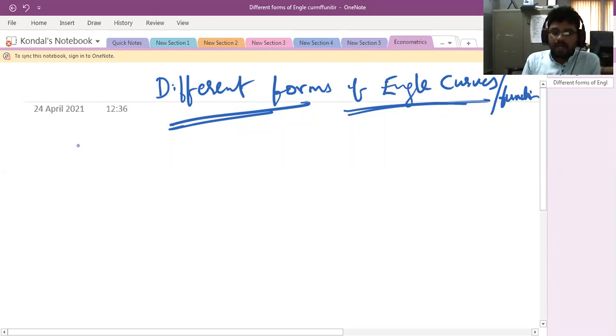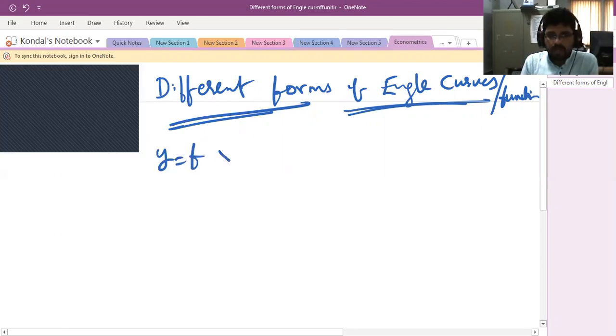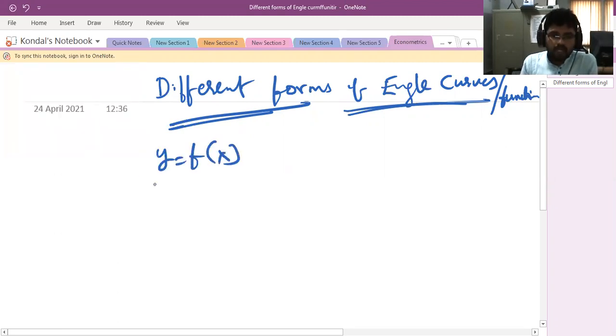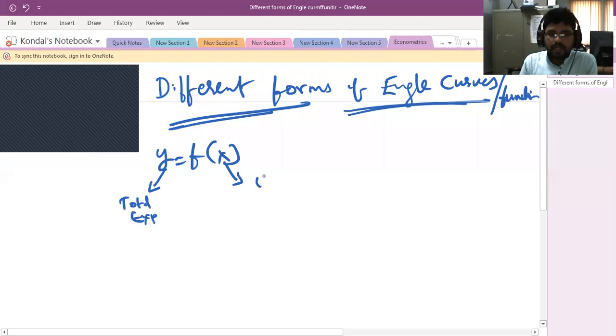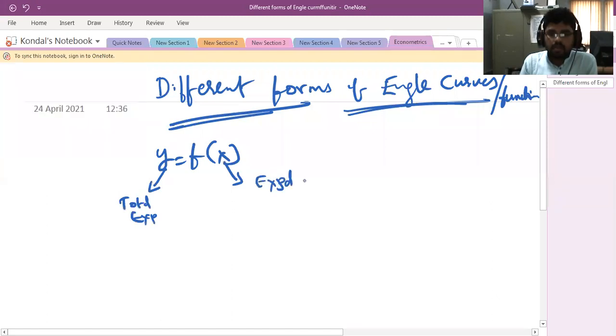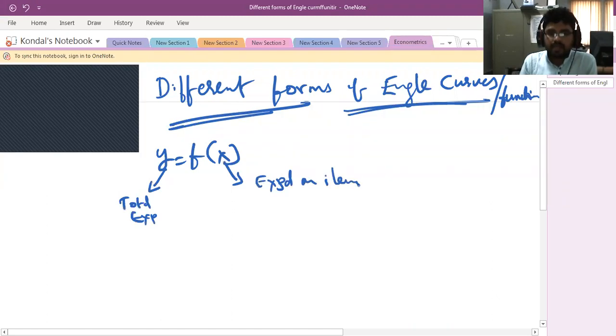In econometrics, when we are studying econometrics, Engel analyses are estimated by fitting regression or different forms of regression equation. For example, as we have discussed, y is equal to a function of x. I told you that here x is the total expenditure, and y is the expenditure on a specific item, any item, right?